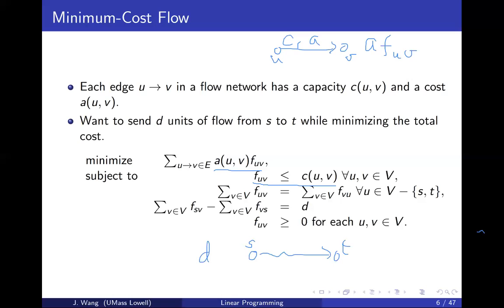And then the flow conservation constraint, and the objective amount of flow, which is D. So you push D amount from S to T. Again, this is a flow, and instead of maximizing the flow, I'm going to make the flow equal D. So that is the minimum cost flow problem LP formulation.